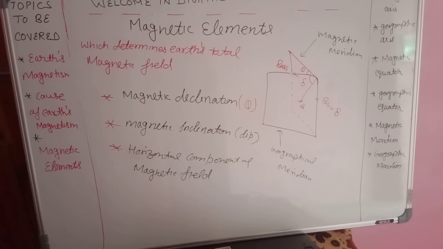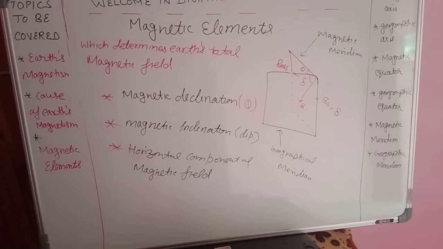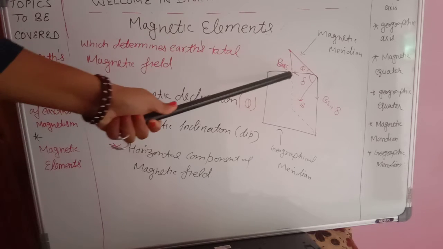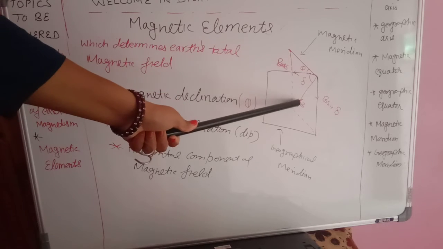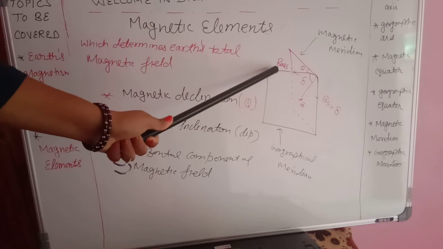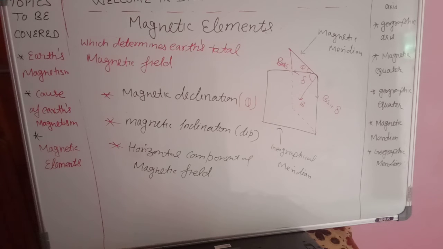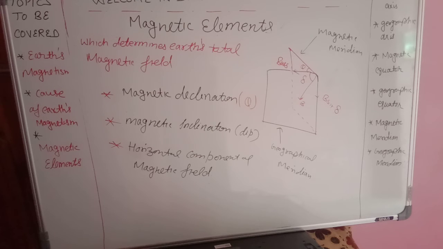Next is magnetic inclination, and it is very important, and its second name is dip, or simply we call it the angle of dip. It is the angle between the total magnetic field of Earth and the horizontal component of the magnetic field. Once again I am telling, magnetic inclination is the angle between the total Earth's magnetic field and the horizontal component.